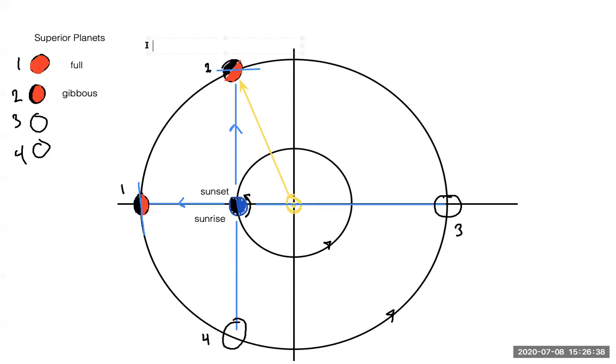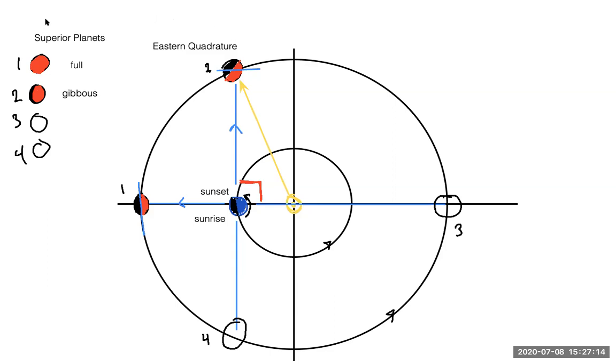So position 2 is known as eastern quadrature. So eastern because the planet appears to be east of the sun, and quadrature is just a fancy word that means like square. And the reason it's square is because this angle here between the sun and the planet is a right angle. So eastern quadrature, eastern because it appears to be east of the sun, quadrature because it is at a right angle to the sun.